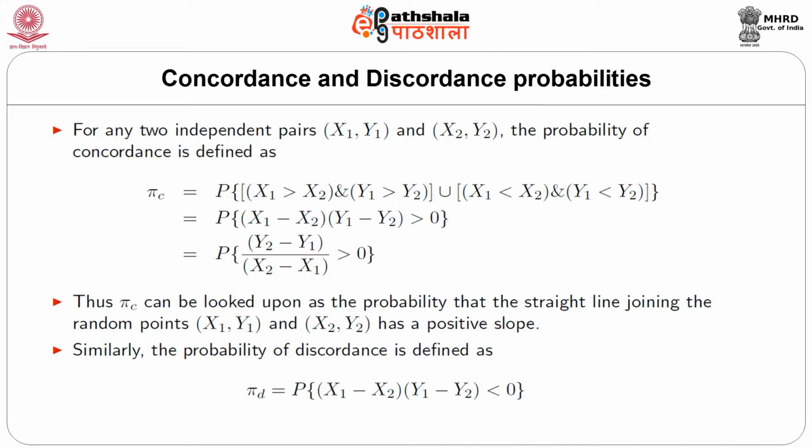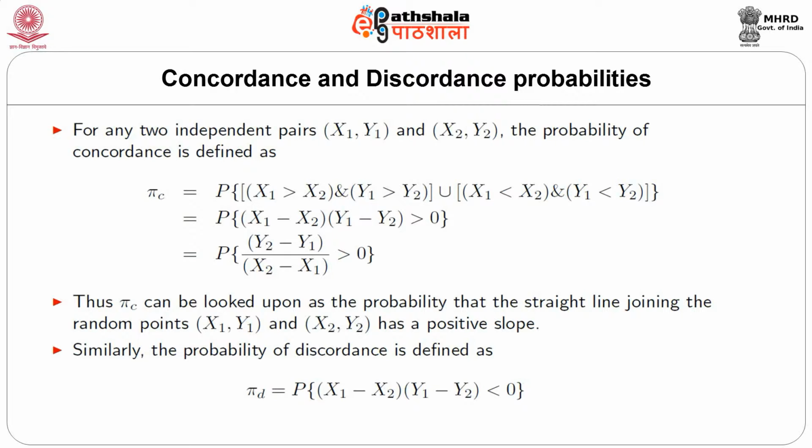This can be restated as the probability that the product (x1 minus x2)(y1 minus y2) is positive, or equivalently the probability that (y2 minus y1) divided by (x2 minus x1) is positive. Thus, pi_c can be looked upon as the probability that the straight line joining the random points (x1, y1) and (x2, y2) has a positive slope.